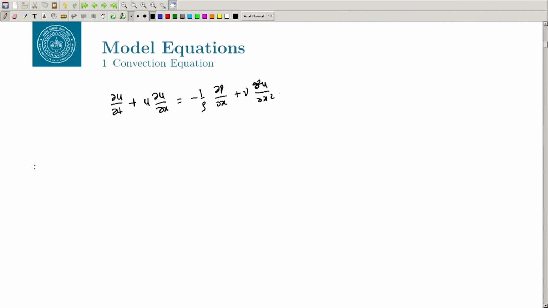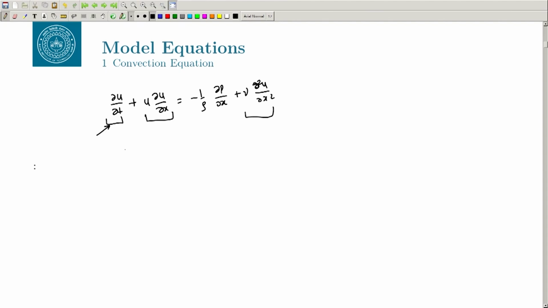From the knowledge we gained in the last few classes, we know that this is the temporal term, this is the convection term which represents the hyperbolicity in the equation, and this is the diffusion term which represents the ellipticity in the equation. In different limits of the Mach number and the Reynolds number, these equations may be closer to an elliptic or a hyperbolic equation.